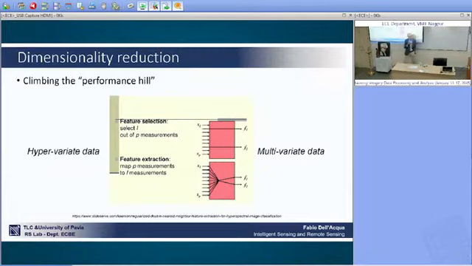Does that make sense? So if you think of it, this makes sense because you know the information is there. It has been collected.